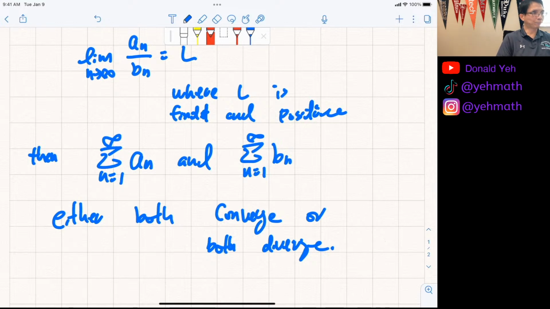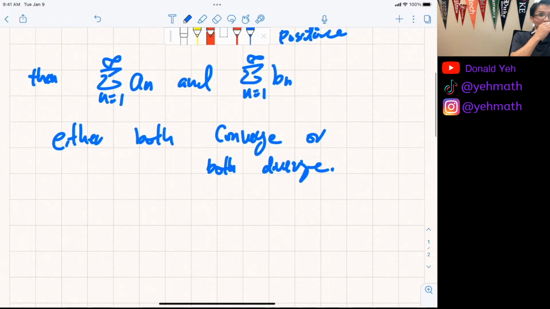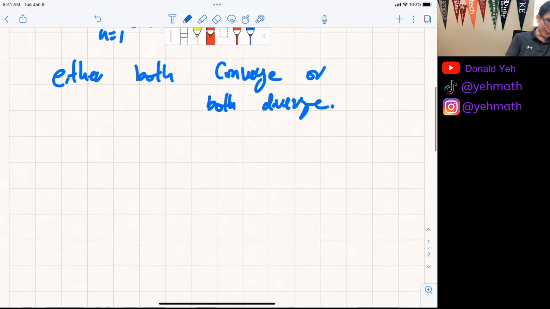They can either both converge or both diverge. But you still have to come up with the series that you're comparing with, which most of the time people think is the hardest part. That's the work you have to do, but don't overthink it sometimes.